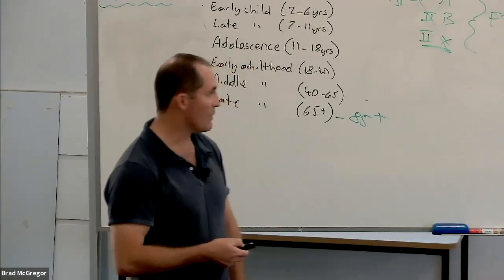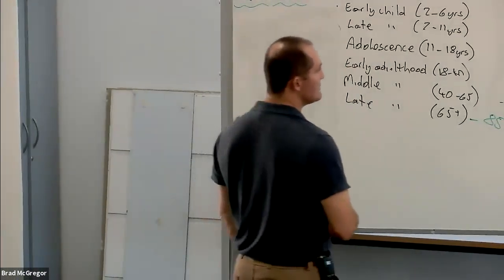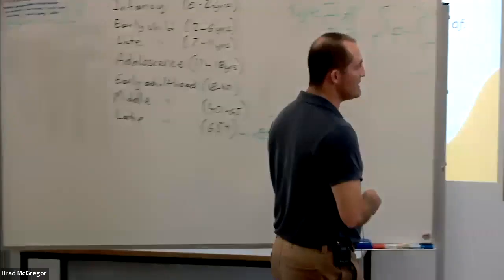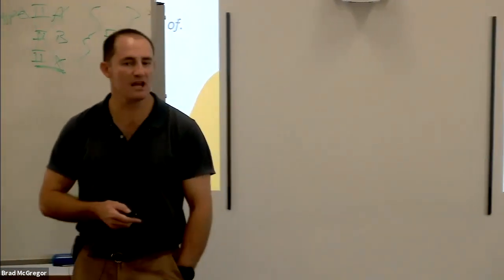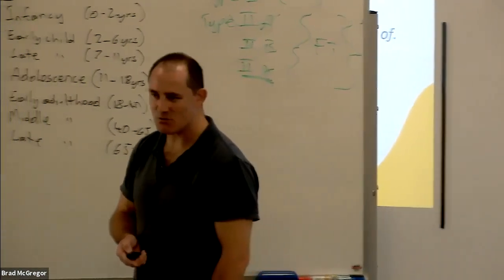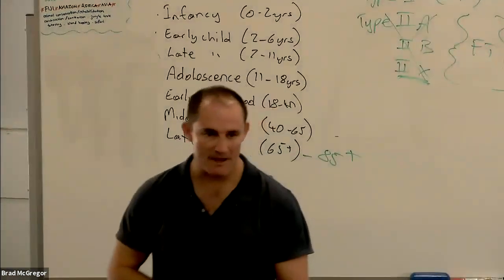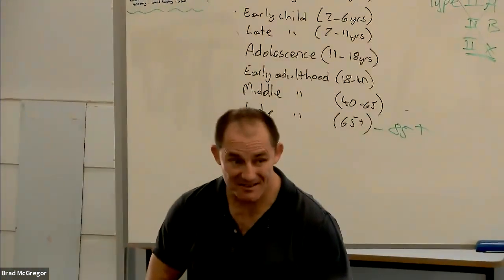Remember, jump in here at any time. All right, quickly, this will be a quick task. Write down as many systems of the body that you can think of and identify 1 to 2 key functions of each system. So before I mentioned a few, remember we spoke about the muscular system and the skeletal system.